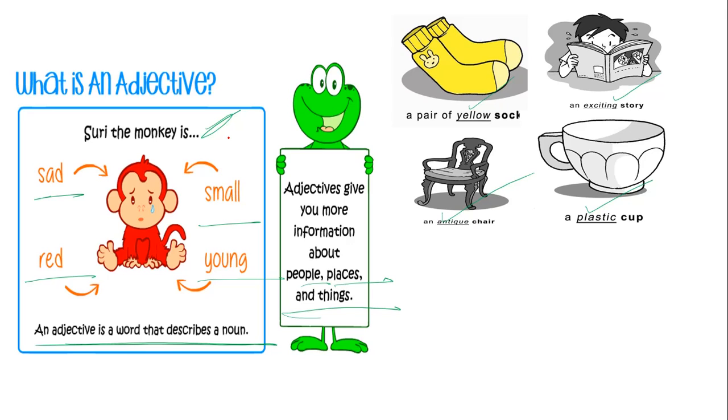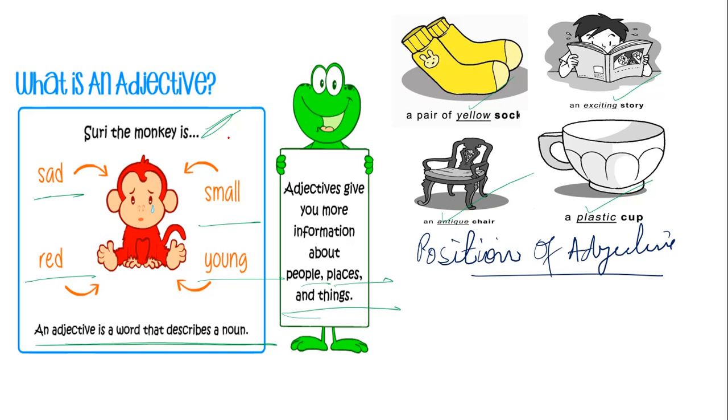Okay, now where do we use adjectives in a sentence? So what is the position of adjectives? As you can see in all these phrases, a pair of yellow socks, an exciting story, an antique chair, a plastic cup. Generally, we use an adjective to describe a noun and hence it is placed before a noun.